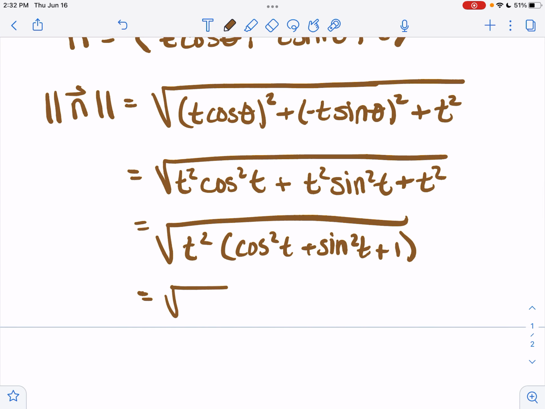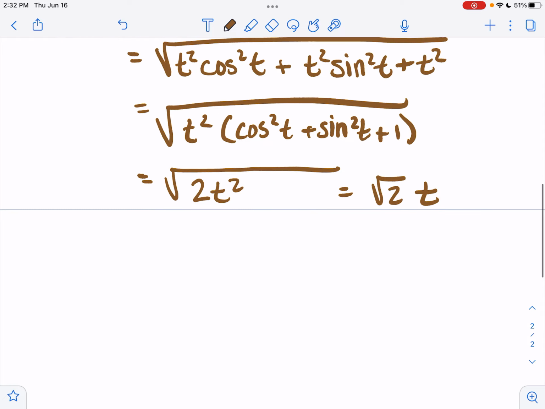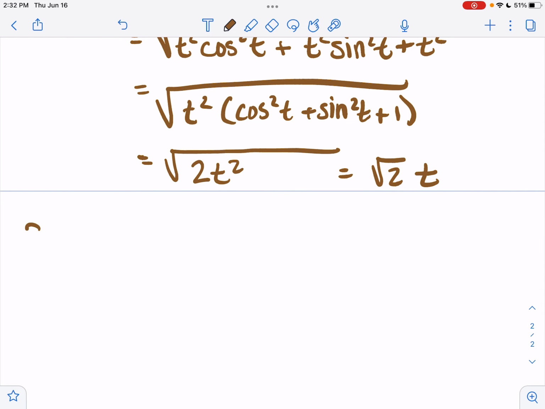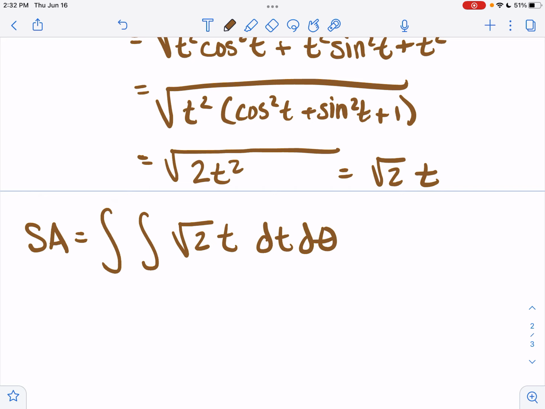So the square root of 2t squared, or the square root of 2 times t, is the magnitude of our normal vector. So the surface area that we're looking for is going to be a double integral of the function square root of 2 times t dt d theta.